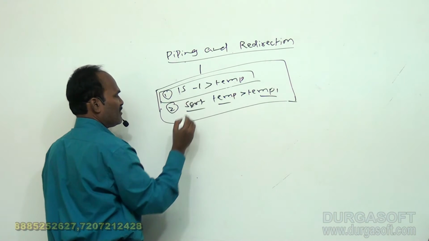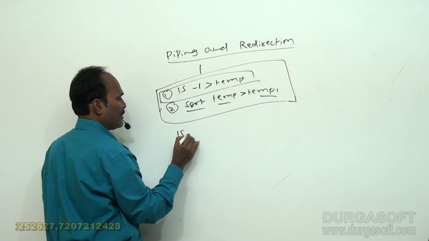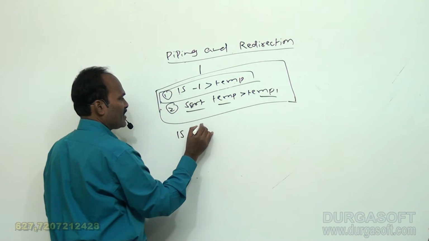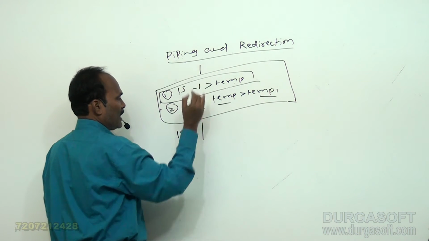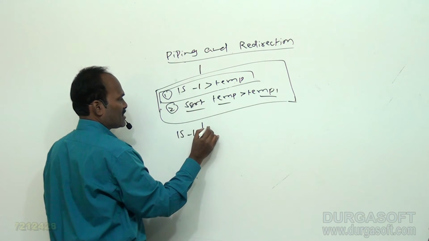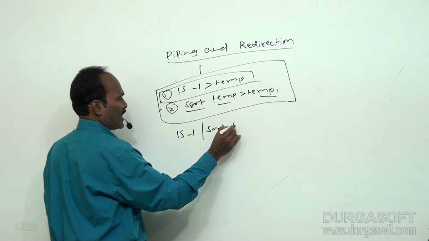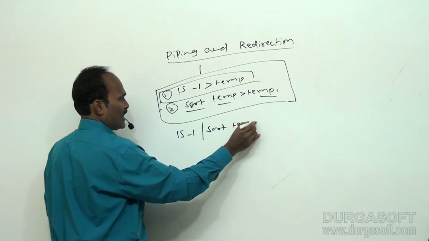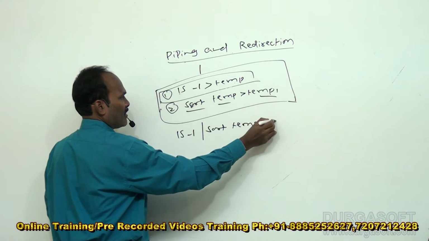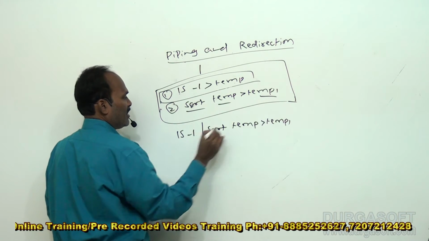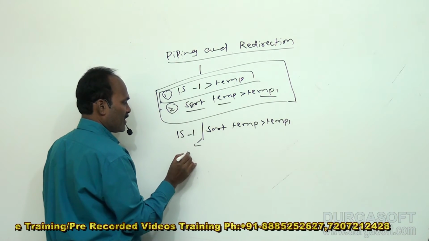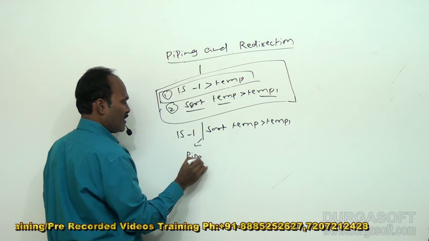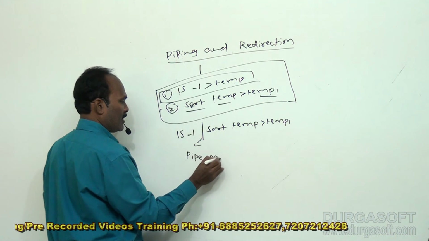To do this within a single step, use the pipe operator: ls -l | sort > temp1.